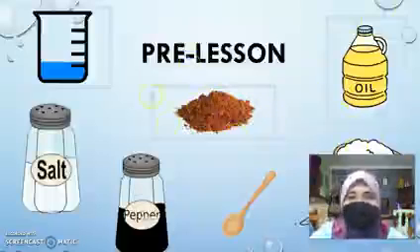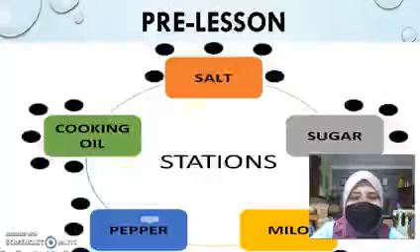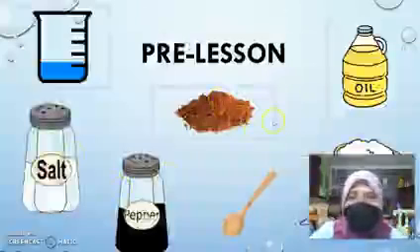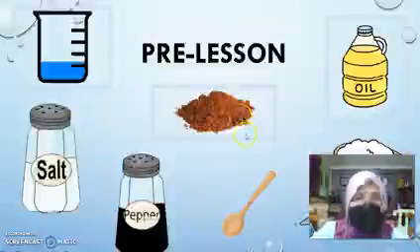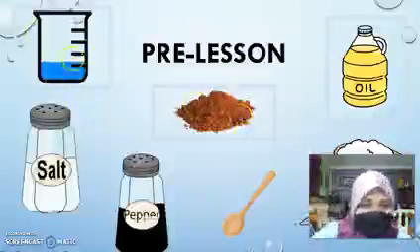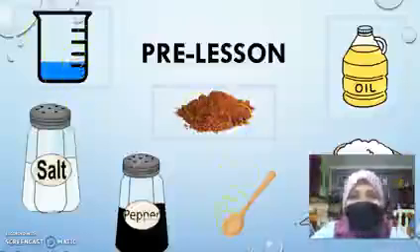Also, last but not least, the Milo station. So there are 1, 2, 3, 4, 5 stations altogether, and at all 5 stations, teacher will provide you with a container of water and also a spoon.